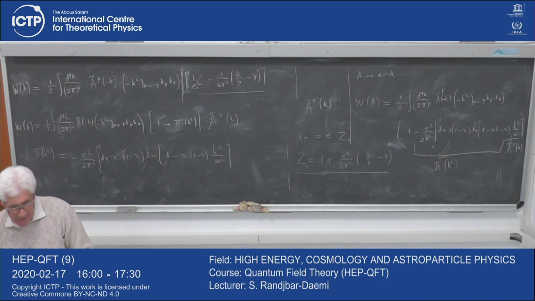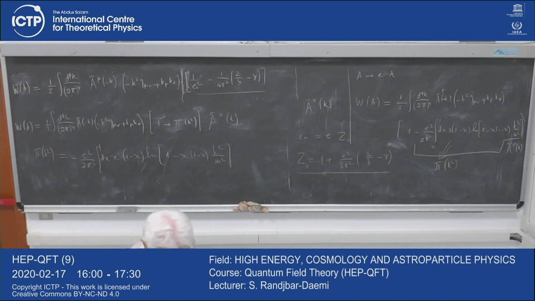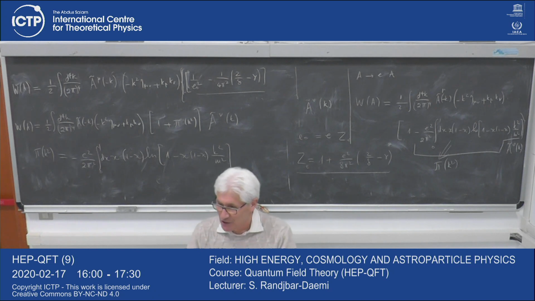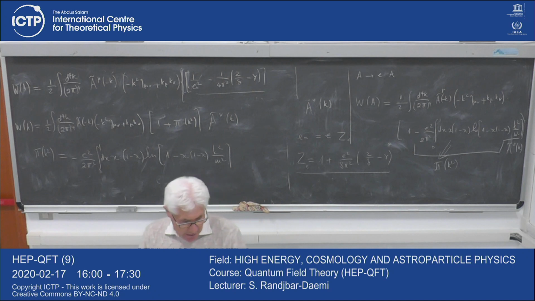But again, we will discuss this in more detail later on. Which means essentially that the number of the renormalization constants in the gauge theory is less than what you introduce blindly into the Lagrangian. Gauge invariance establishes a relationship between them. Okay, so let me stop here.